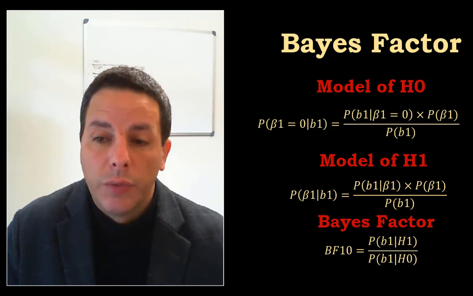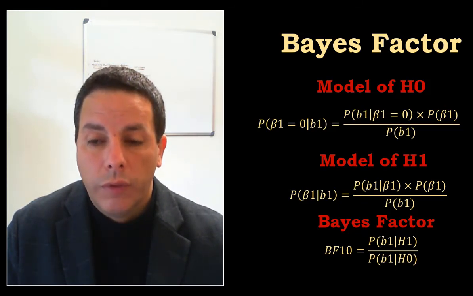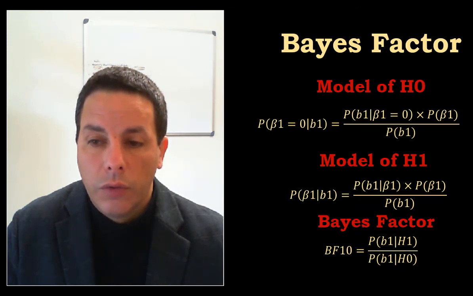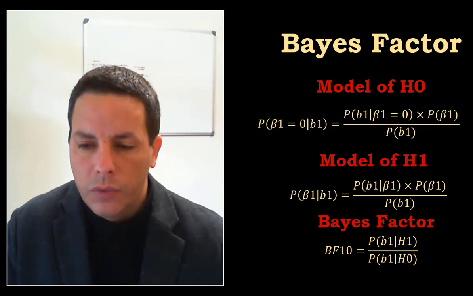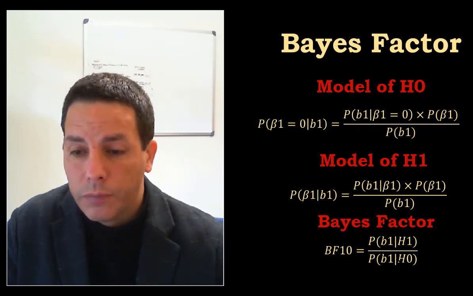What's the probability of observing B1 in that model? So we've got that for both models, and so here we've got what's the probability of observing B1 given H1 is true. So given the model of the alternative is true. And what's the probability of observing B1 given the model of the null hypothesis is true? And these two probabilities, we calculate the ratio, and that's the Bayes factor.